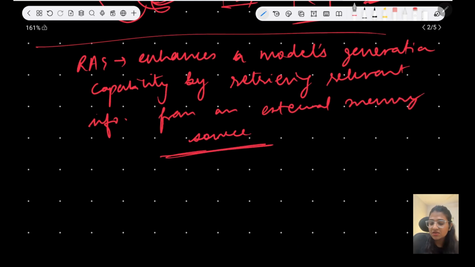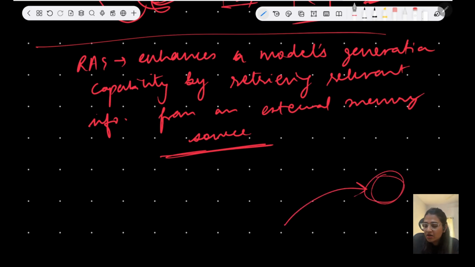That is a very thorough definition of what RAG does, and this is precisely what it does. It retrieves information from an external source, and it then generates the output based on this information.